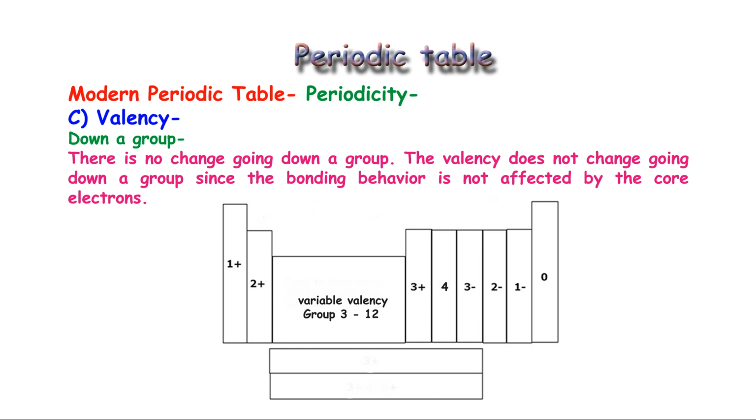Equally, group 2 and group 16 both have the valency of 2, but group 16 accepts 2 electrons, that's why their valency is -2, but group 2 releases 2 electrons, that's why their valency is +2. Similarly, group 13 and group 15 both have the valency of 3, but group 13 releases 3 electrons, but group 15 accepts 3 electrons. And group 14 has a valency of 4 because they go for covalent bonds.